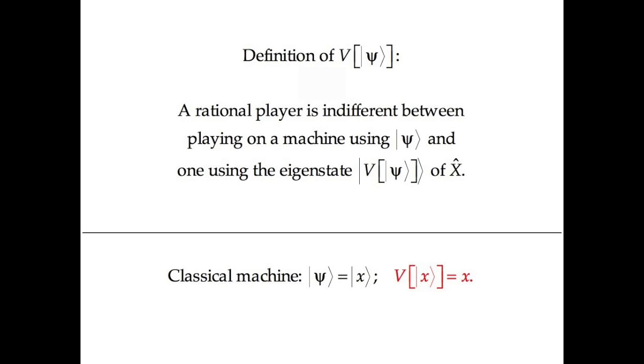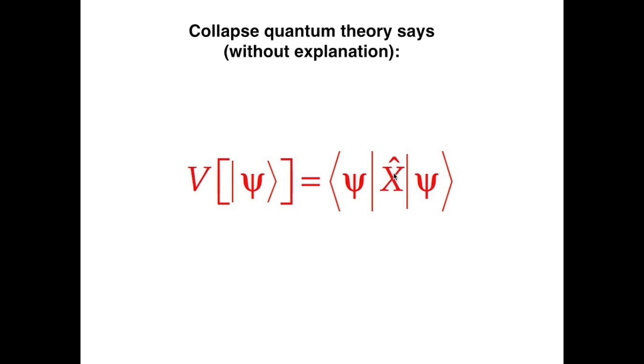But now, the hard case: what if psi is a superposition of two eigenstates, let's say, one with eigenvalue below 1 and one with eigenvalue above 1? Well, in collapse quantum theory, with the Born rule and everything, that tells us that for general state psi, the probabilities of the respective outcomes are those coefficients squared, and then the principle tells us to adjust our credences to match those numbers, though it doesn't say why.